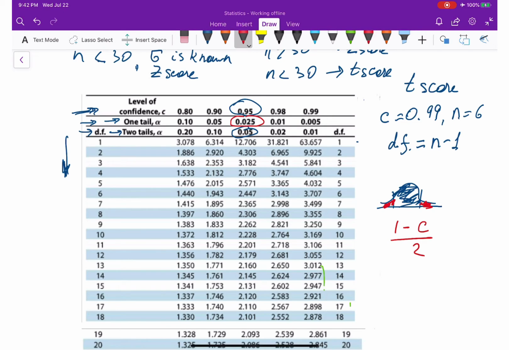Okay, so let's start working. We have confidence level 99% right here, and sample size is 6, which means degree of freedom is going to be 5.